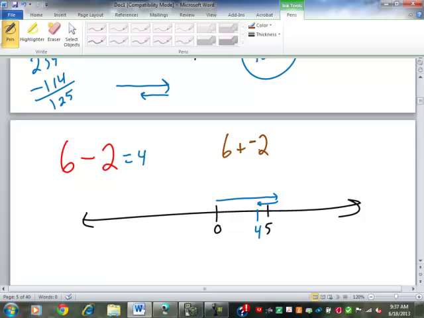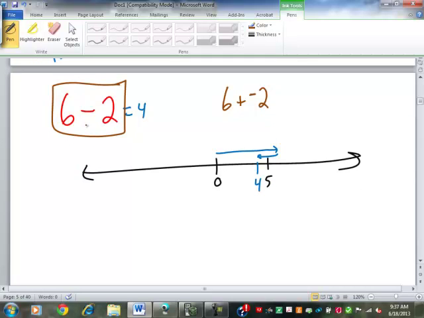The reason is the operation of subtraction is really not its own operation. We hinted at this yesterday, that addition and subtraction were the same thing, and they are. Subtraction is a shortcut. This symbol right here that we all know as the subtraction symbol means add the opposite.